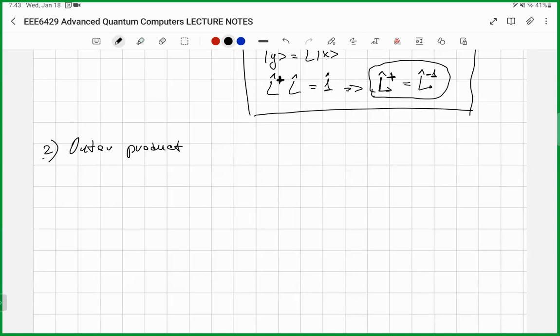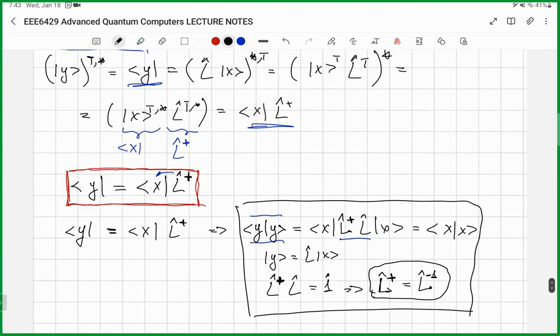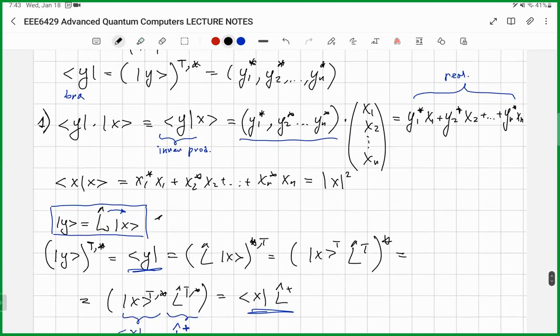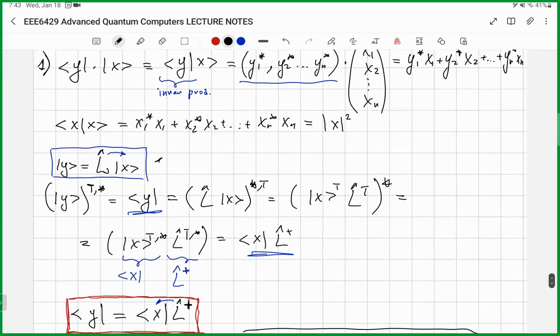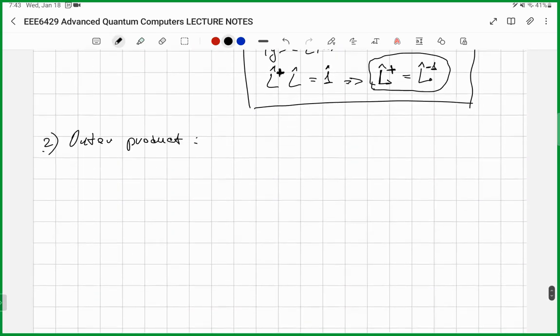Outer product. What is this? So the inner product is the product like this, right? The bra then goes ket, and the bra times ket gives me a scalar. But there is another product, outer product, which is the product of ket and bra.